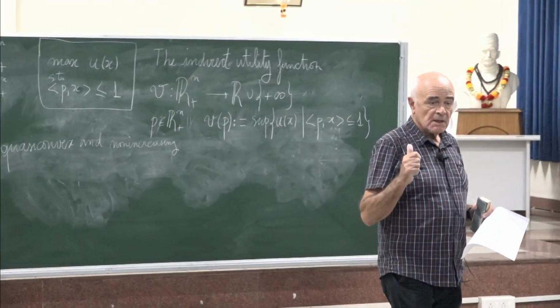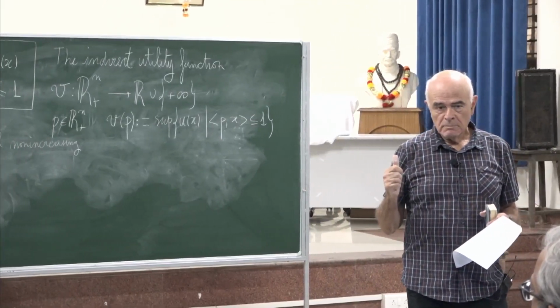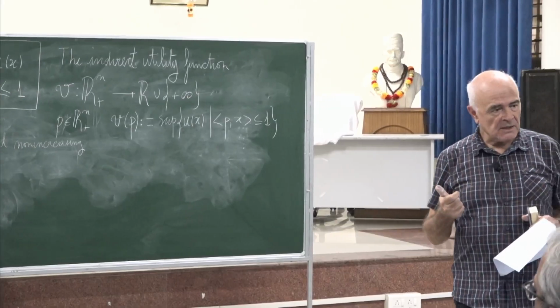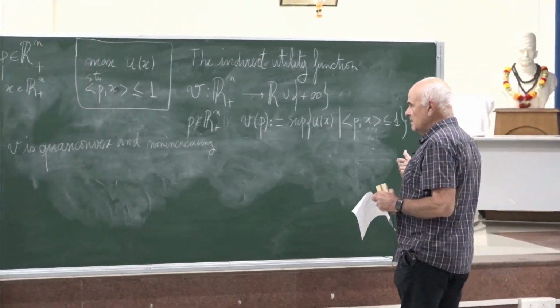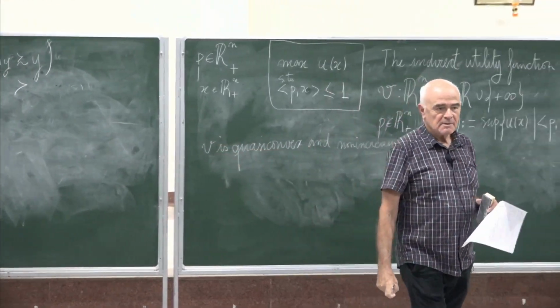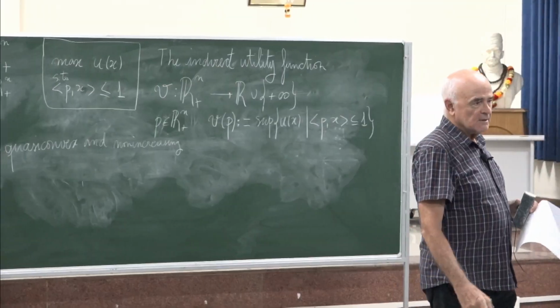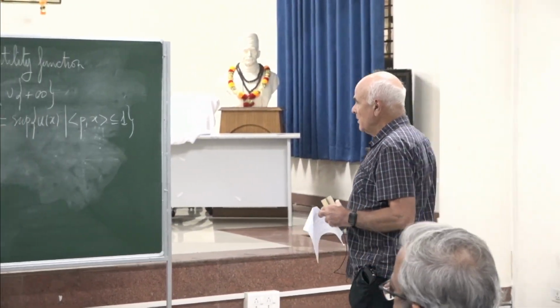I insist that I have not used any assumption on U. No matter how crazy your preferences are, your preferences on markets will not be crazy. They will be quasi-convex and non-increasing.